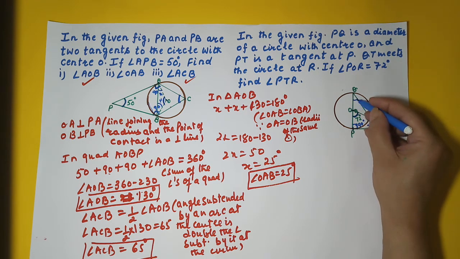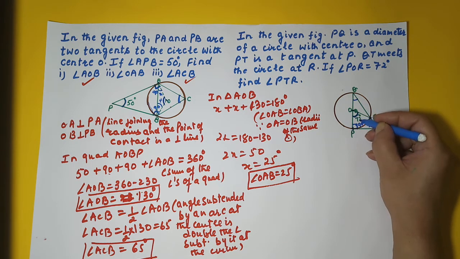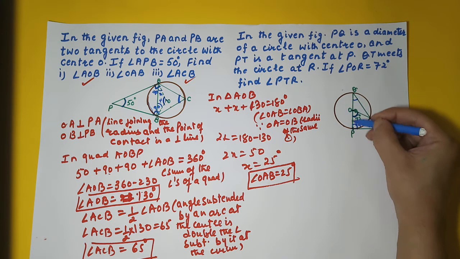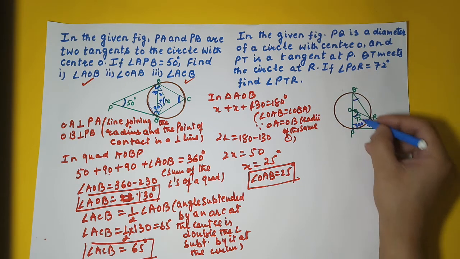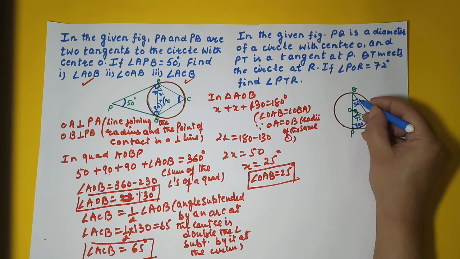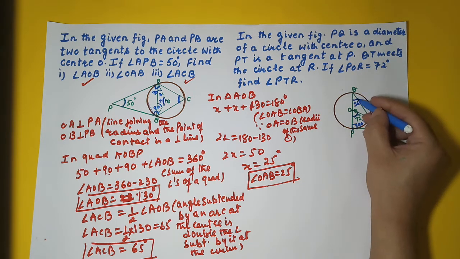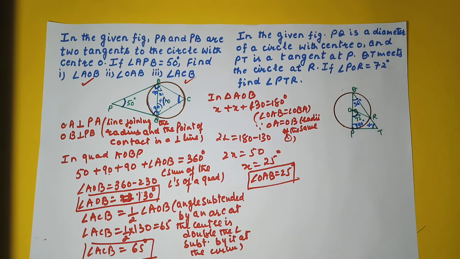Now, how do we calculate this angle? Look at this arc PR. It subtends angle 72 at the center. PR also subtends angle PQR at the circumference. So if this is 72, this will be 36 degrees, right? Now we got the two angles of this triangle. We can calculate the third angle.